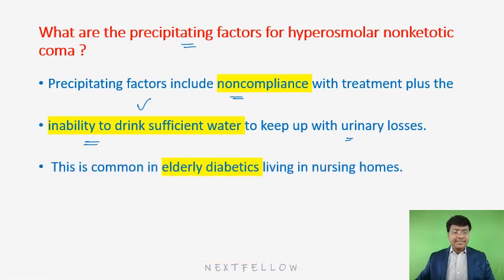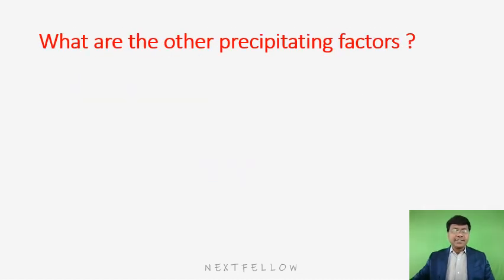It is also commonly seen in elderly diabetics living in nursing homes. Next, what are the other precipitating factors?